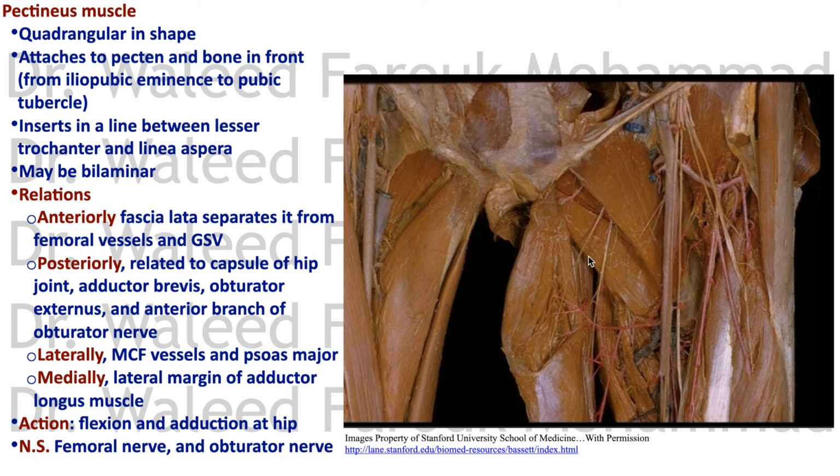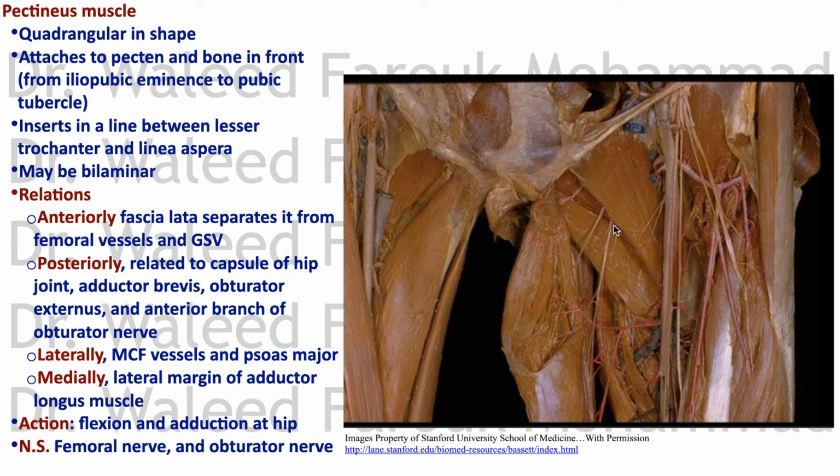Laterally, the medial circumflex femoral artery and vein, as you can see here, and the psoas major, the iliacus muscle together with the psoas on its medial side. So that's the relation to the pectineus muscle.